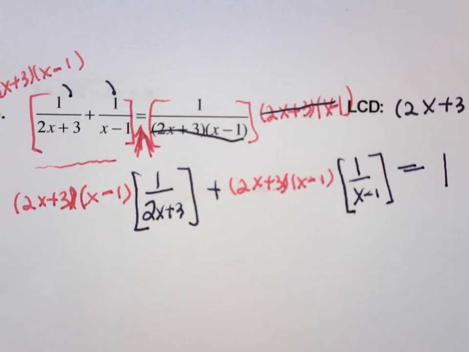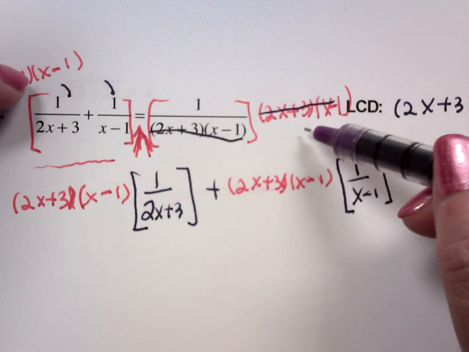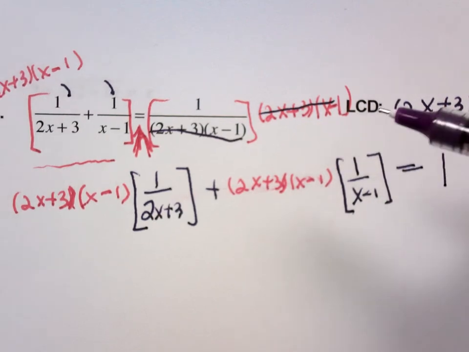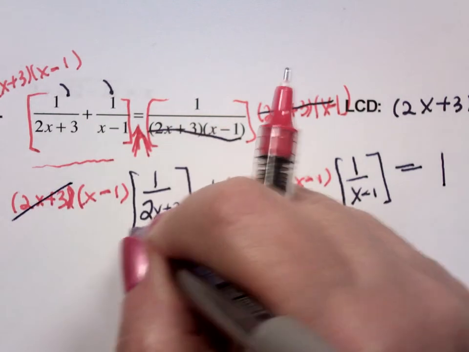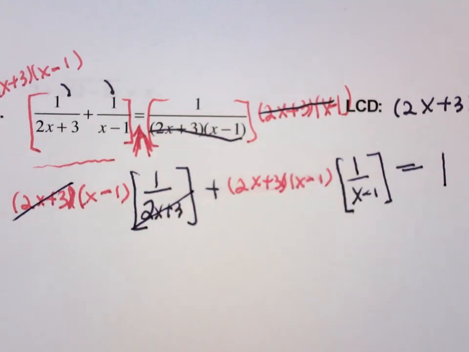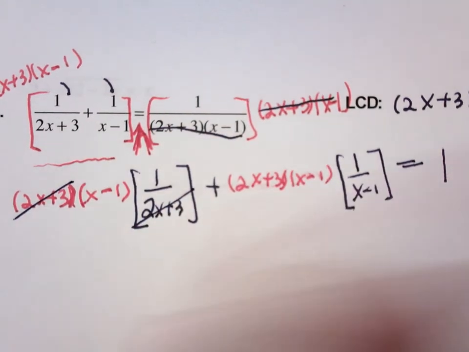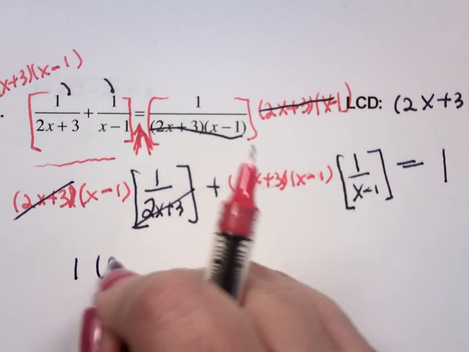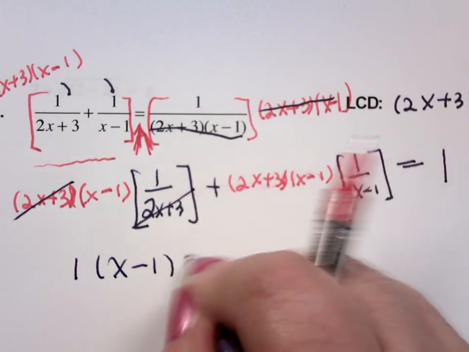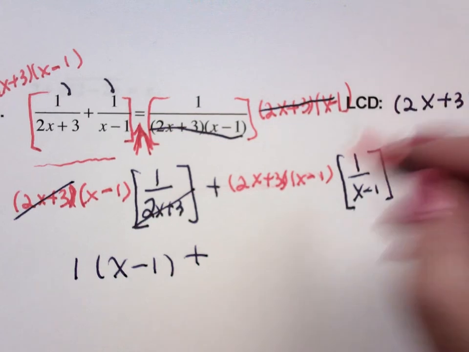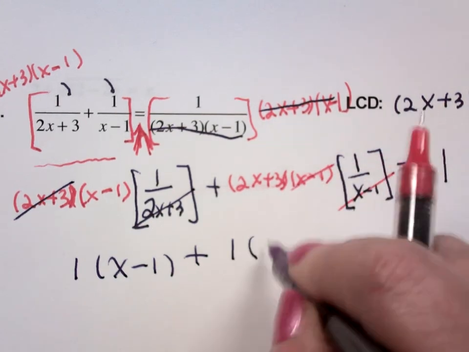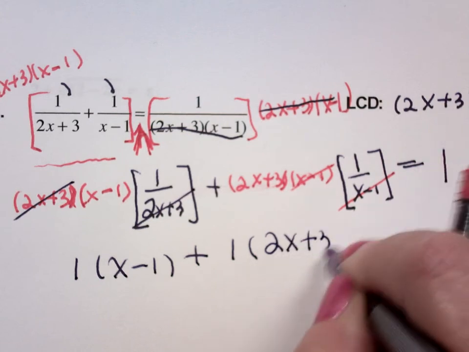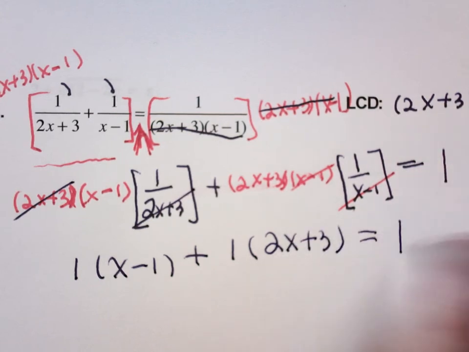Now, many times, for some of you, once you write this down, you do it in your head. Here, the 2x plus 3's go. You're left with 1 times x minus 1 plus, here, your x minus 1 goes. You're left with 1 times 2x plus 3 equals 1.